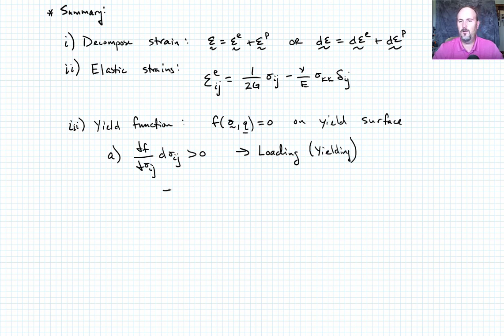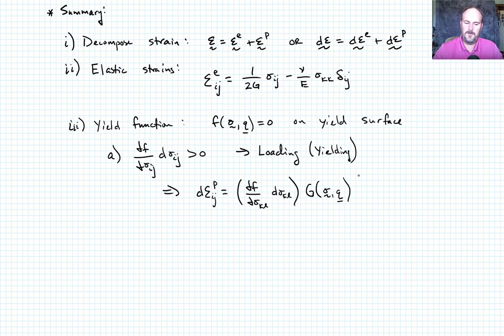What that means is that d epsilon ij p, when we invoke the constitutive law we just developed, looks like the partial of F with respect to sigma kl d sigma kl times g, which is a function of sigma and Q, times the partial of F with respect to sigma ij.